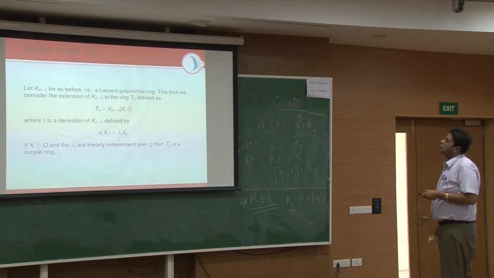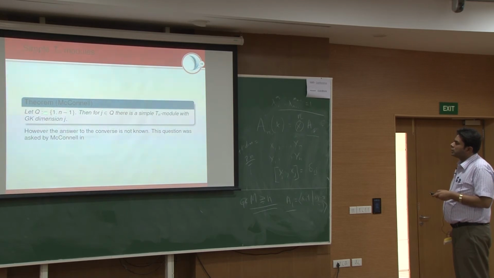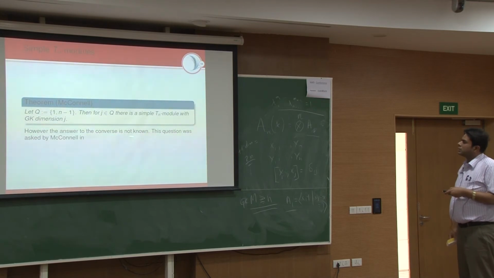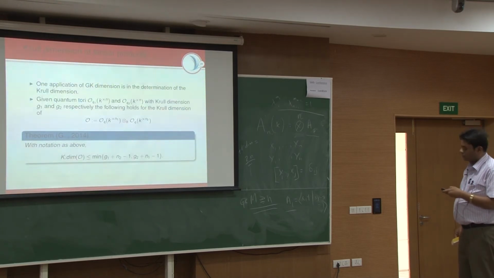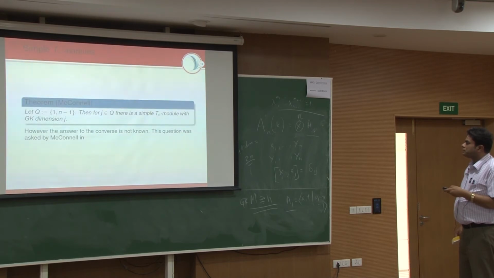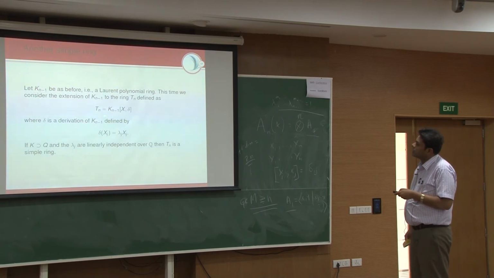So McConnell constructed simple modules over this ring Tn having dimension 1 and n minus 1, and he asked the question whether there exists a simple module having GK dimension between 1 and n minus 1.